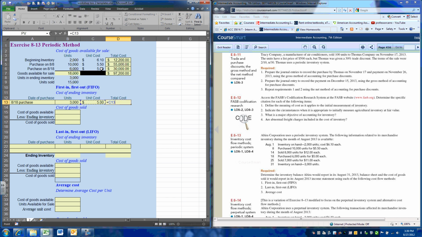So our ending inventory is our units times our valuation cost, in this case $5. Goods available for sale, $97,200. We're then going to subtract out the ending inventory, which we just valued at $15,000. So our cost of goods sold under the FIFO method will be $82,200.